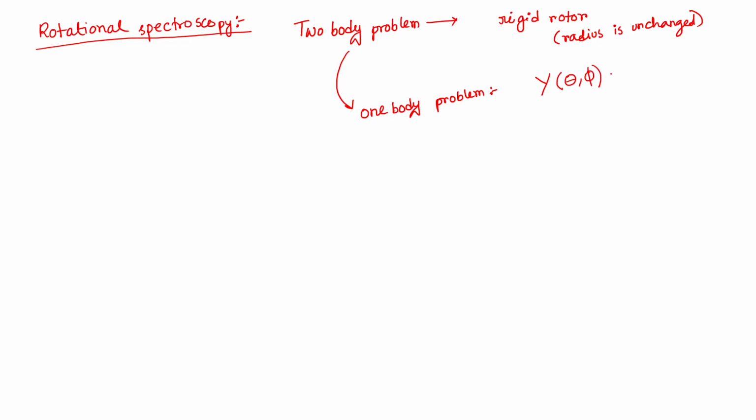For the rigid rotor we will mostly deal with two quantum numbers, that is J and capital M. In hydrogen we used to take it as capital L, small l and small m. So you know that this is your angular momentum operator, right?